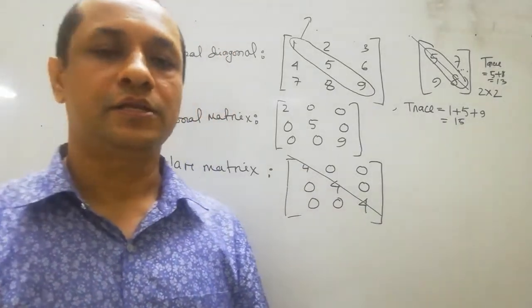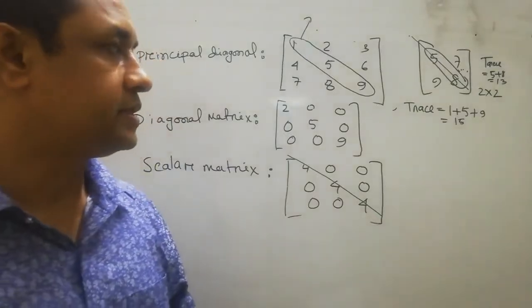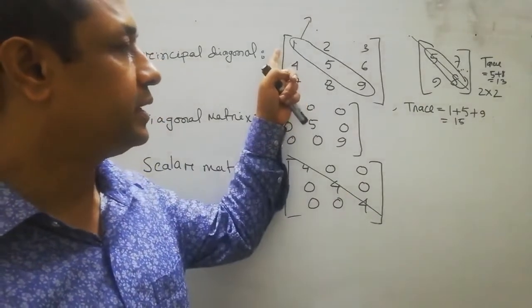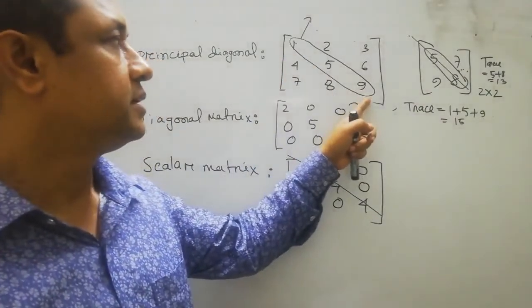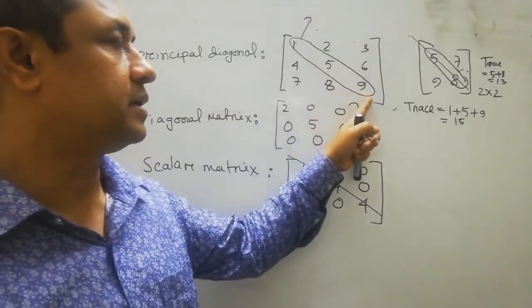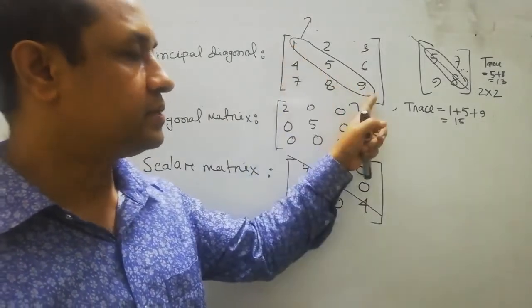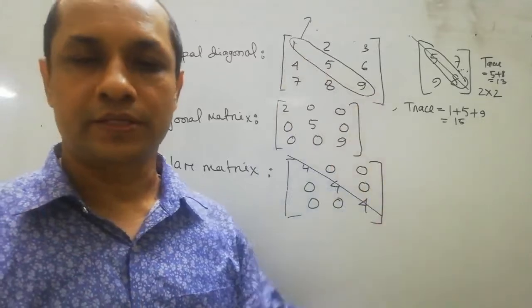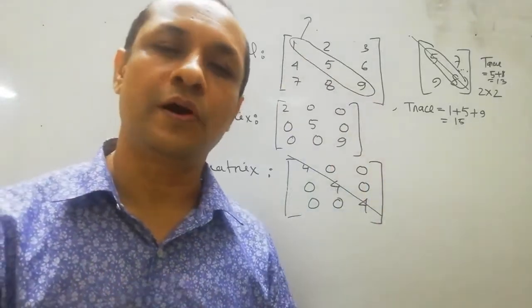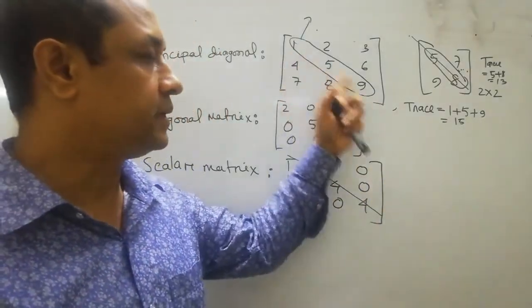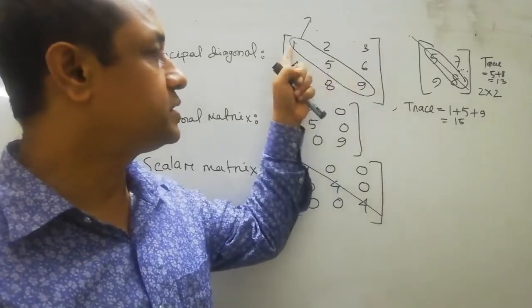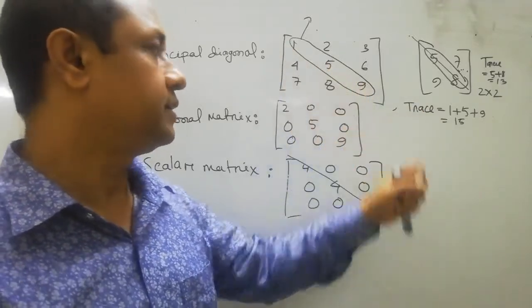I say again, students: principal diagonal in a square matrix, this diagonal is called the principal diagonal. Trace of a matrix: the sum of all entries in the principal diagonal, so 1 plus 5 plus 9.